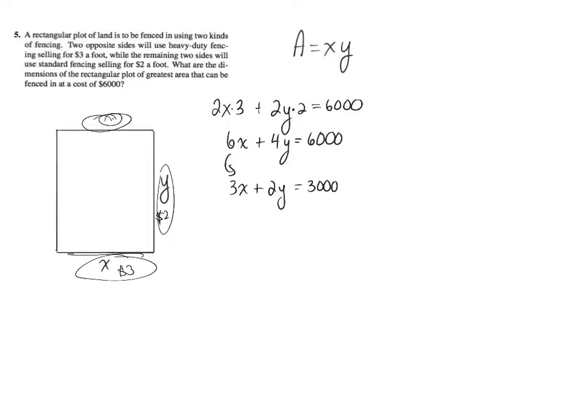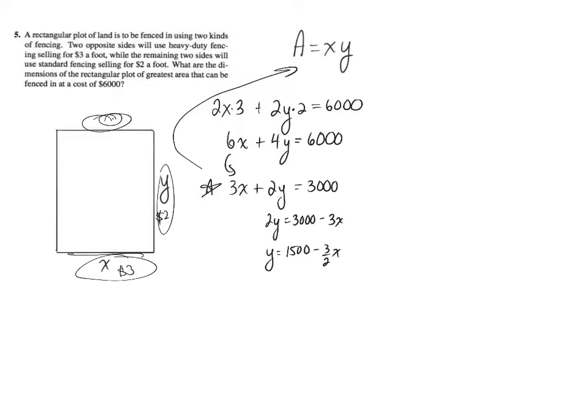So we're going to take this equation that we just came up with and solve it for y, and that way we can use it in the area equation. So 2y would be 3,000 minus 3x. So y would be, dividing everything by 2, 1,500 minus 3/2 of x.